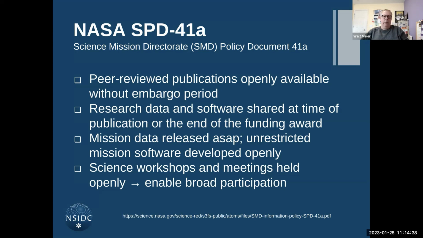But the SPD 41A, I think, balances that a little with some concerns by some in the community, and basically just says that the data and software have to be shared at the time of publication or at the end of the funding award. Mission data, so these are from NASA missions, data released as soon as possible, and any unrestricted mission software developed openly.